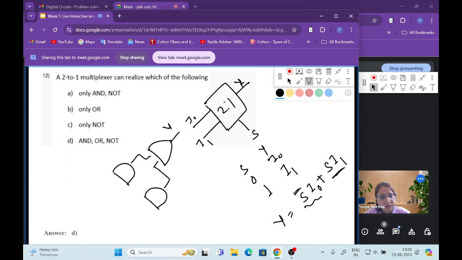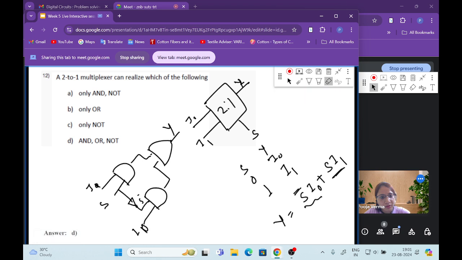It is y. So it is I0. Here we have given S, and it is I1. And if we take the inverse, here we will get S dash, so I0, and this is I1.